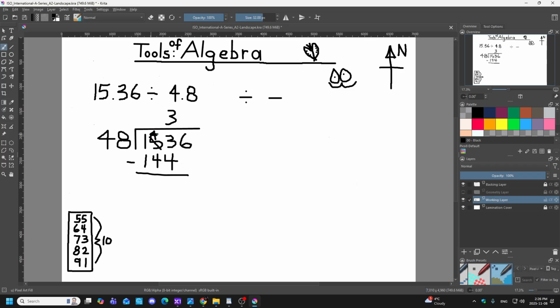This becomes a 4. 3 becomes 13. 6 and 4 is 10. To get us to 13, we need 3 more jumps. 6 plus 3 is 9. Therefore, 13 take away 4 is 9. Bring our 6 down.